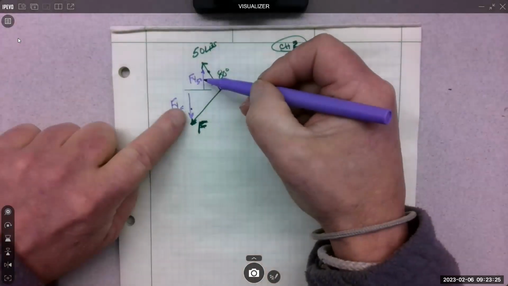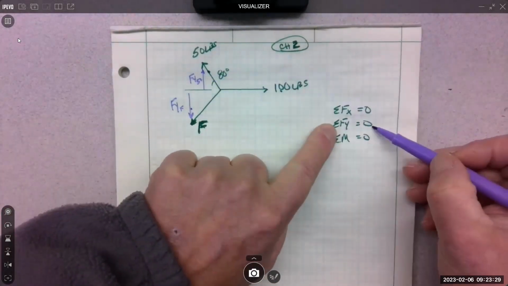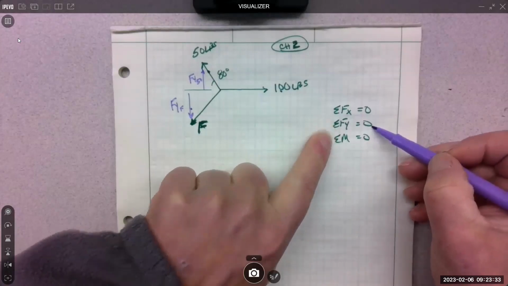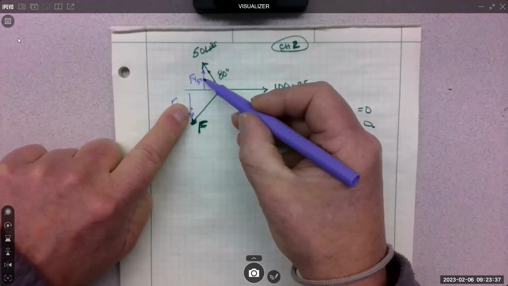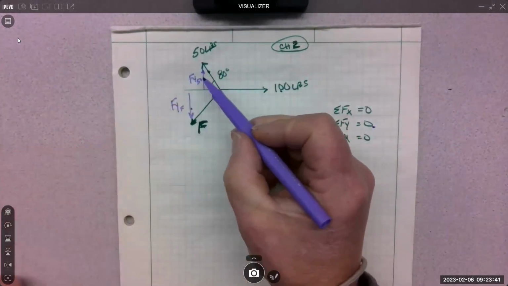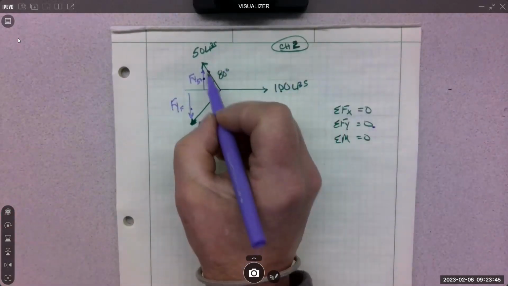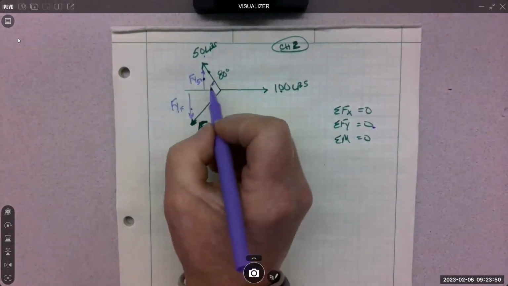If there's only two, and they've got to be equal to 0, they got to add up to 0. This one has to be equal to that one. That makes sense? So can I find this one? Absolutely. I know 80 degrees. I know the 50 pounds. I can get that. How should I do it?